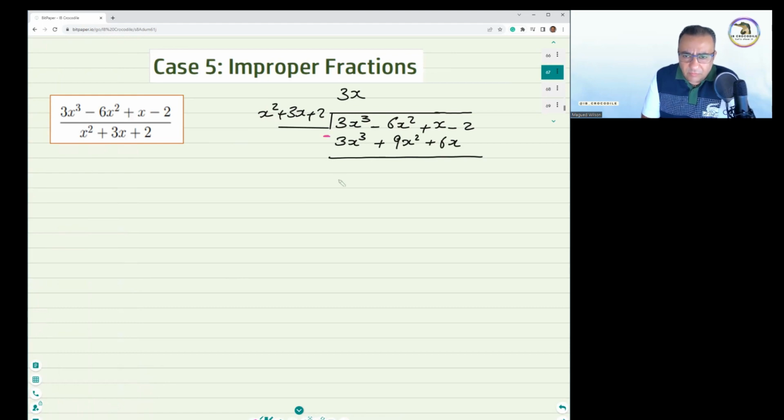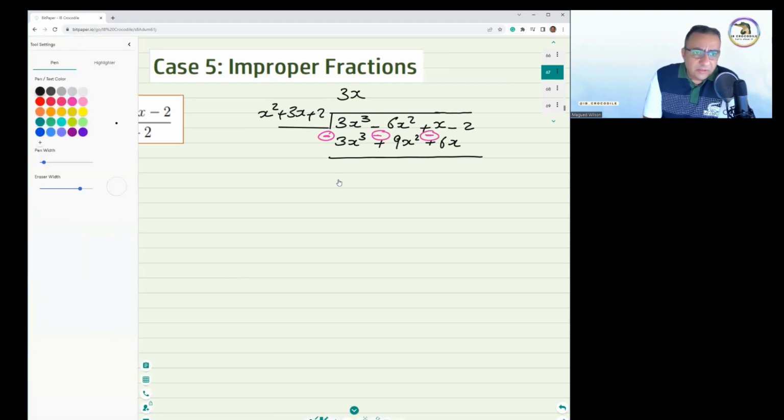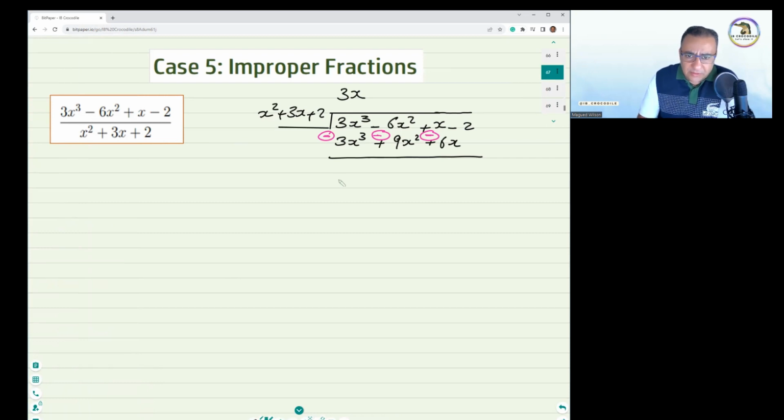So here on the bottom line, this is going to be negative, this is negative, and this is negative. So 3x cubed minus 3x cubed cancels out. And then we have minus 6 minus 9, minus 15x squared. And then you have 1 minus 6, which is negative 5x. And then minus 2, I can just bring it down here.